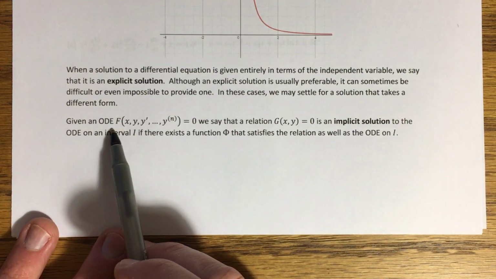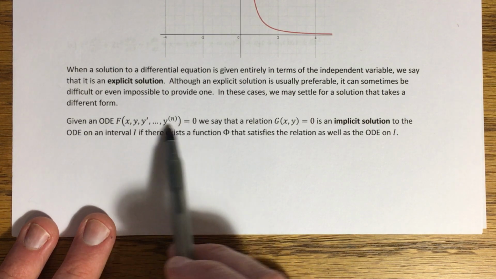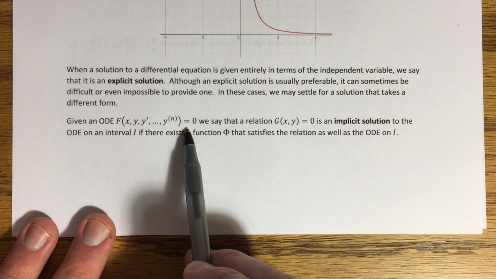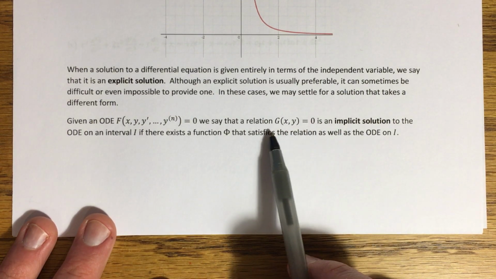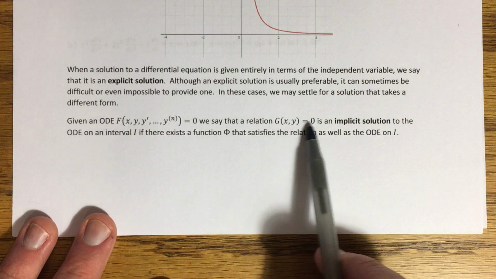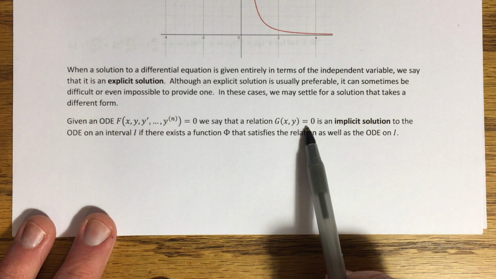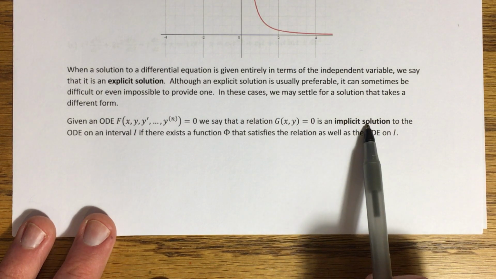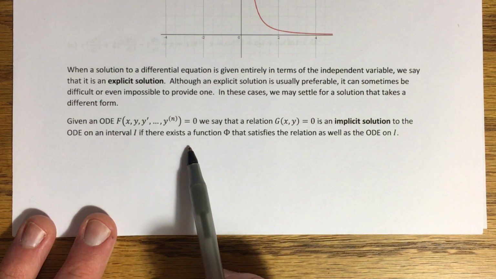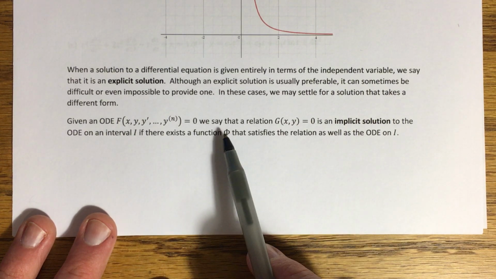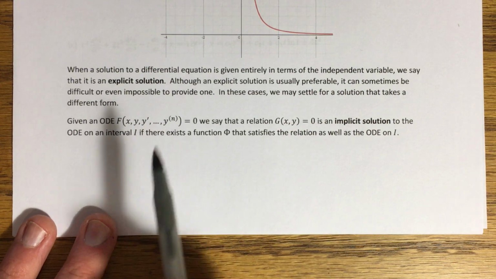Well, again, suppose we have a differential equation, some ODE, and remember this is what I'm going to be using to represent a general differential equation. And let's suppose that we found a relation, like an equation that represents a solution to this, G of x, y equals 0. We call that an implicit solution if it's defined on some interval I, and there's some function that can be used as the y here that satisfies this differential equation.